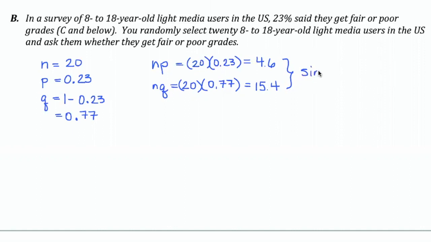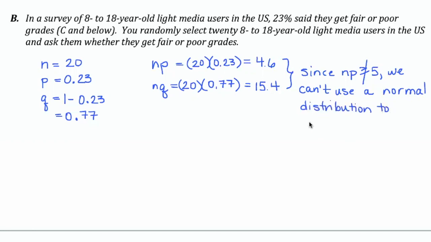So since n times p is not greater than or equal to 5, we can't use a normal distribution to approximate this binomial distribution. And since we can't, we can't use those shortcut formulas for the mean and the standard deviation.